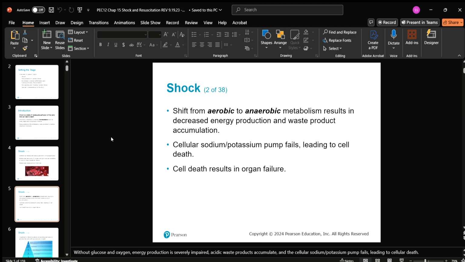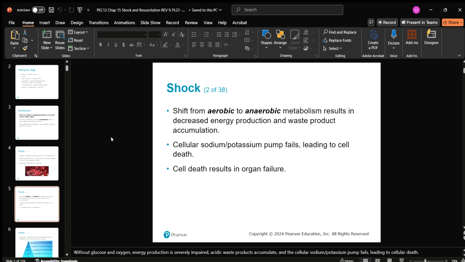All right, so here it is: the shift from aerobic to anaerobic. Like I said, I might have confused the two a second ago, but aerobic is with oxygen. Anaerobic is without oxygen. We're not going to talk about the sodium-potassium pump because that's more paramedic level, but it's still important to have a general idea of what that is, and we'll get to that.